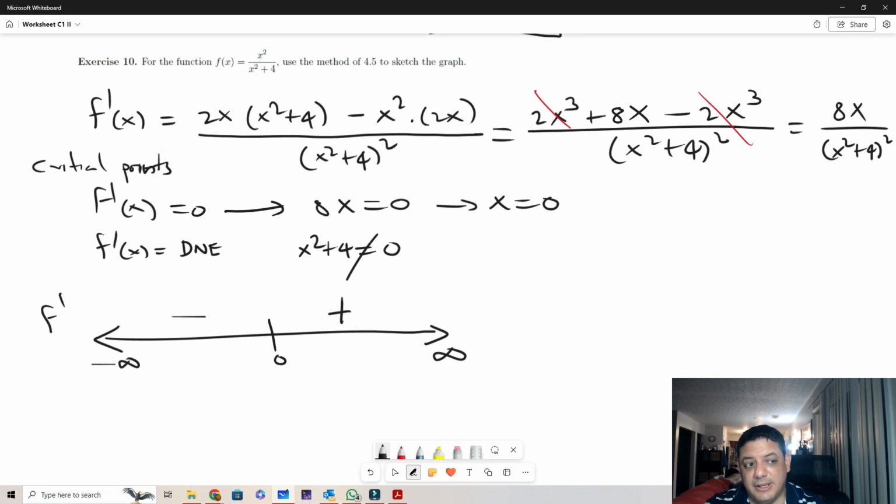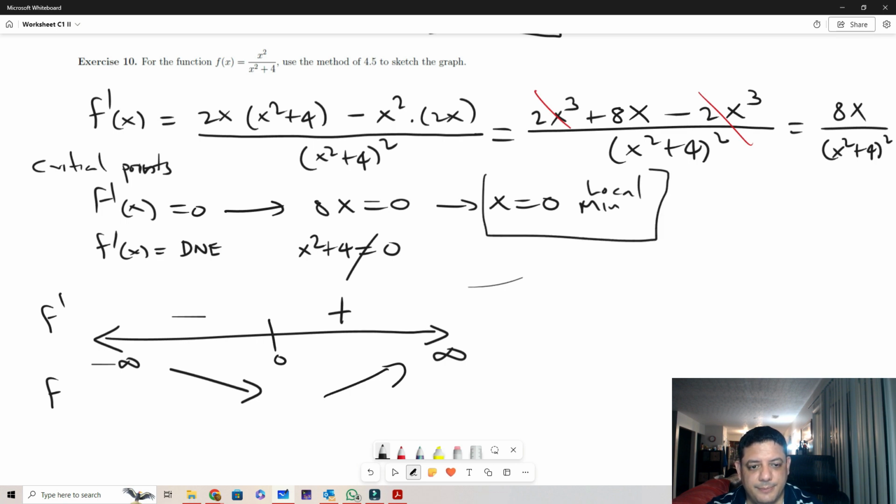With negative numbers I get a negative, with positive numbers I get a positive. Now that implies that f is decreasing on (minus infinity, 0) and is increasing on (0, infinity). So this is also telling me that x equals 0 is a minimum, or local minimum. Okay? That information comes from here. That is for critical points.